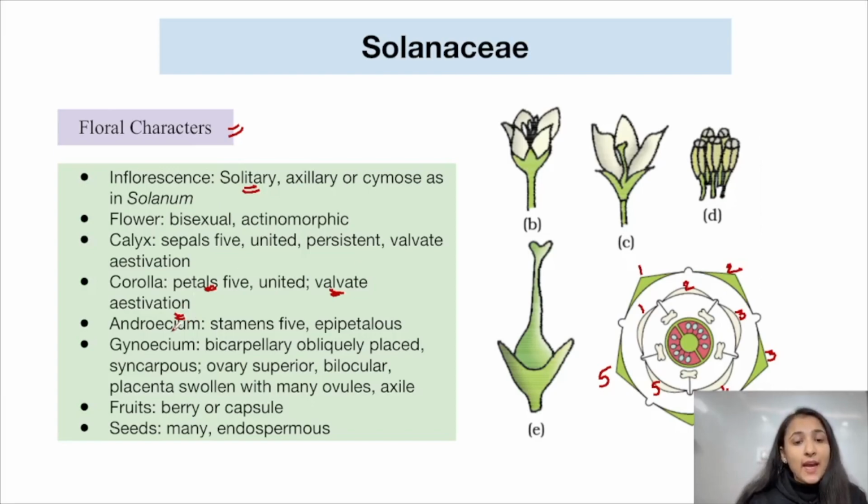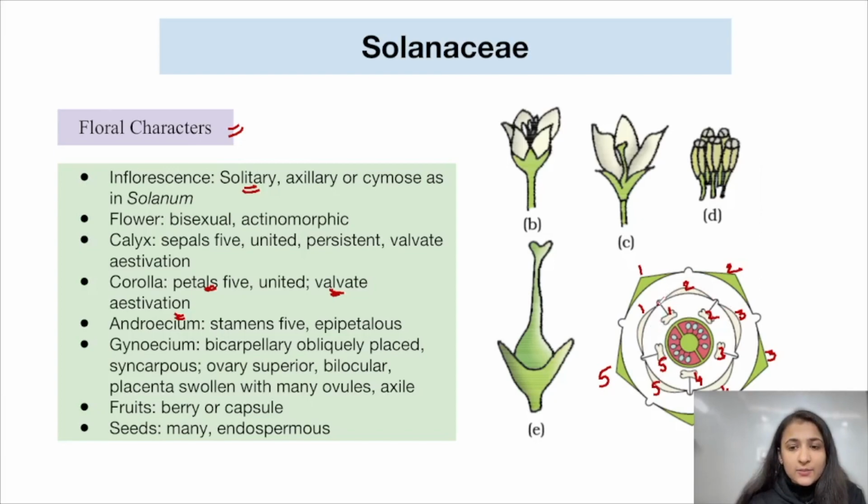Now let's come to the androecium. 5 stamens are there. So 1, 2, 3, 4, 5. Since they are epipetalous, it means that the stamens are fused with the petals or attached to the petals. So that is why at the point of fusion only they are drawn. See, the petals are fused with each other, right?